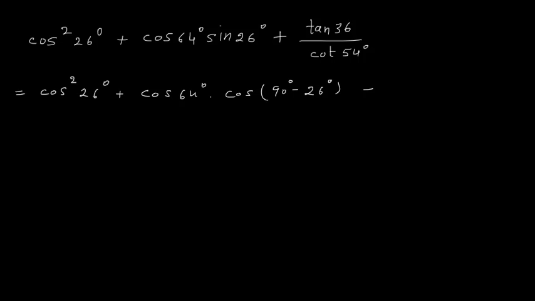Then here I have plus tan 36, so let us convert this in cot. So this is cot 90 degree minus 36 degree. Why am I converting this in cot? Because the denominator is cot. So in the denominator we have cot 54 degree.